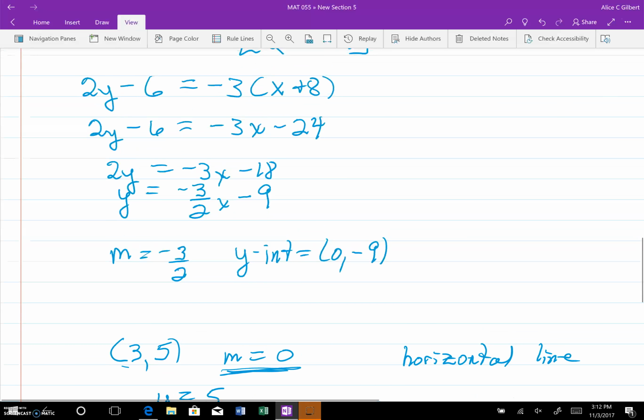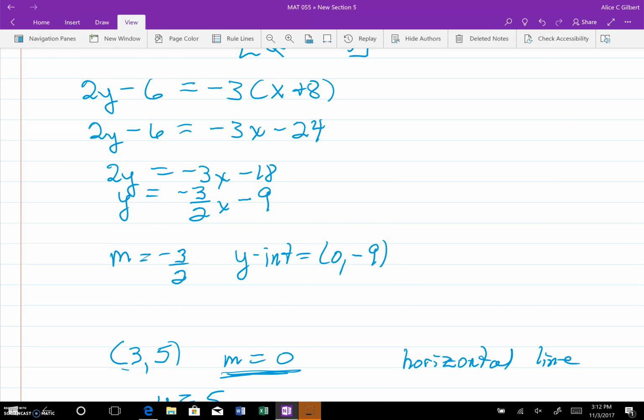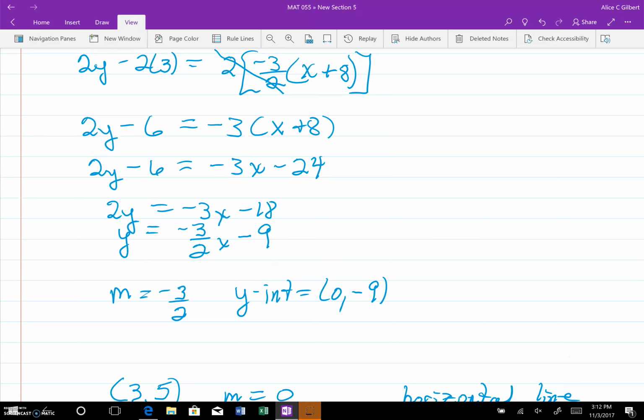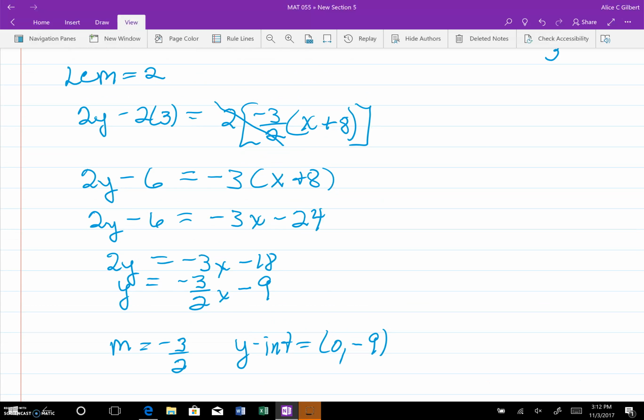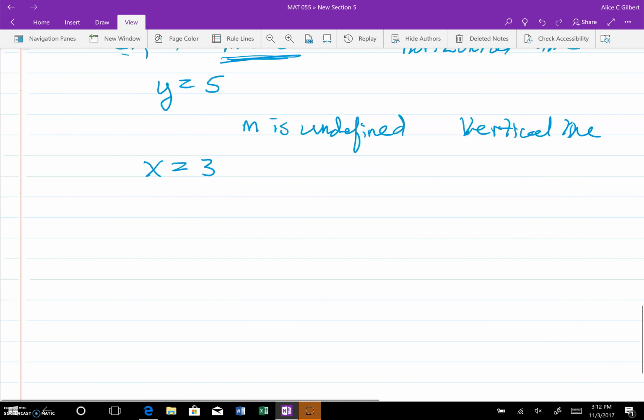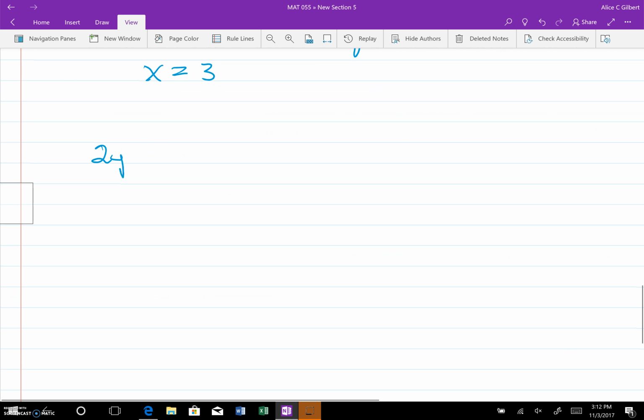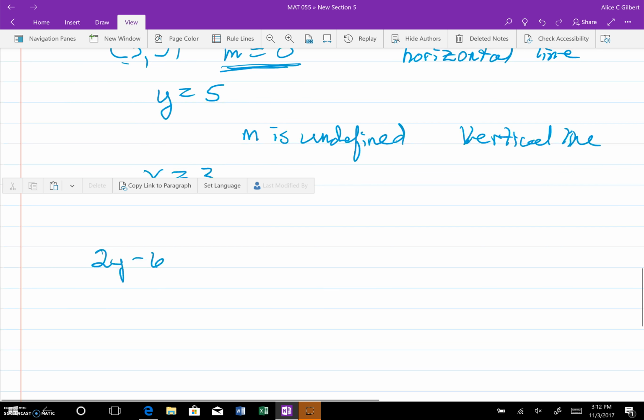And I also want to say, okay, so we've got this up in here. If it told us to put it into slope-intercept form, we've already got that and we're done. But if it told us to put it into standard form, let's come back here, 2y minus 6, so we'll start from there.